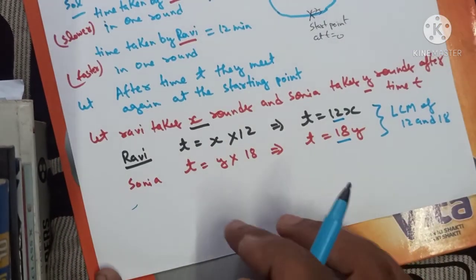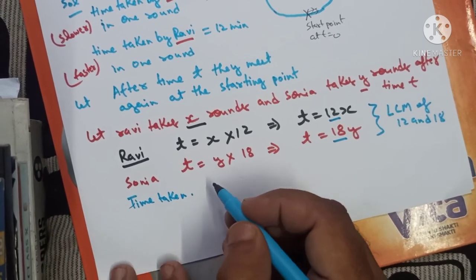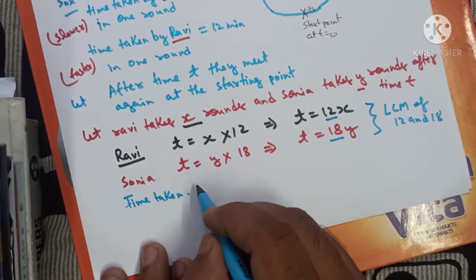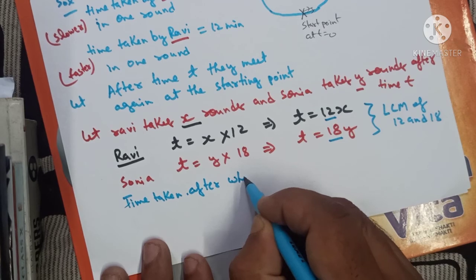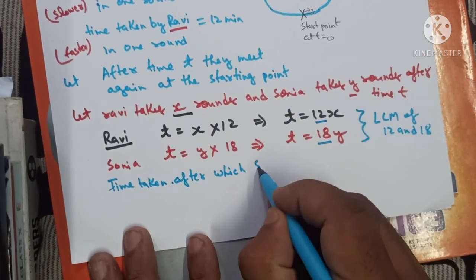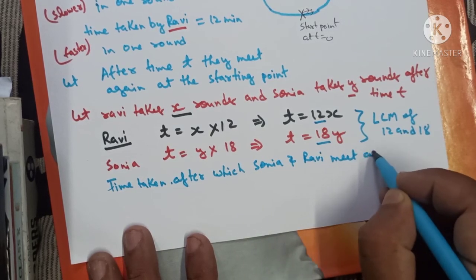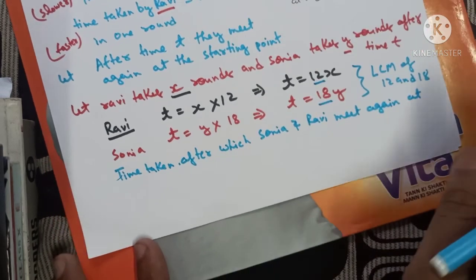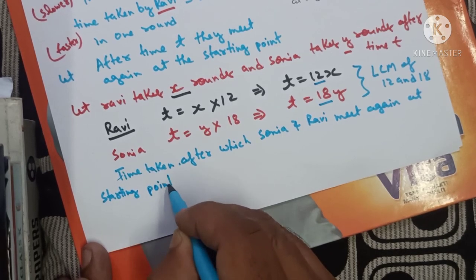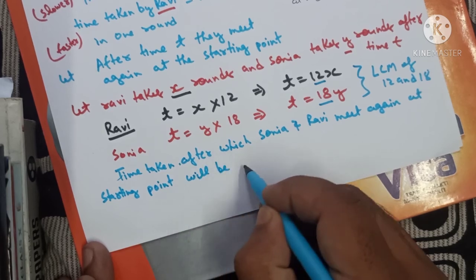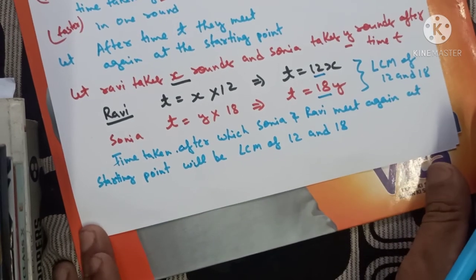That means the time taken after which both Sonia and Ravi meet again at the starting point will be the LCM of 12 and 18.